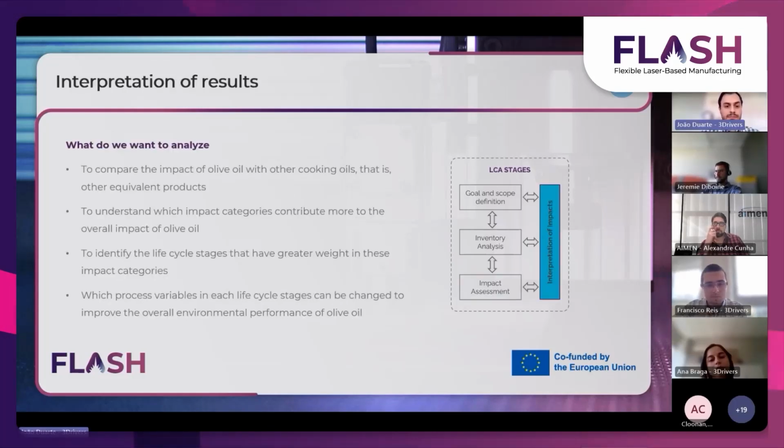In the interpretation of the results, we'll be able to see the environmental impact of producing and using olive oil for each life cycle stage, and also in different impact categories, allowing us to understand what are the impact categories that contribute more to the overall impact, and also identify what life cycle stages have a greater weight for each impact category.